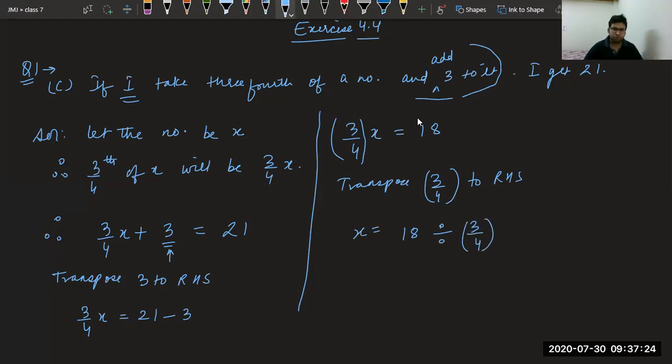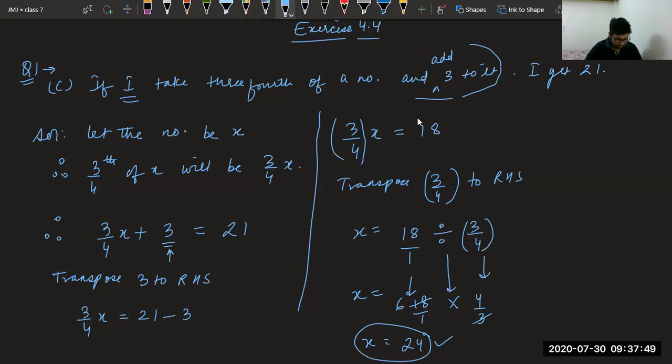After many questions you have done, you can directly write the answer also, no issue. X is equal to, it can be taken as 18/1 as it is, division becomes multiplication, and this can be written as 4/3. Okay, so you can solve it. 3 6 are 18, x is equal to 6 4 are 24. So 24 is the number.